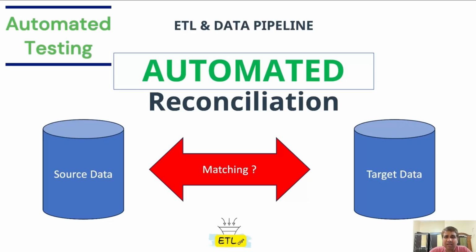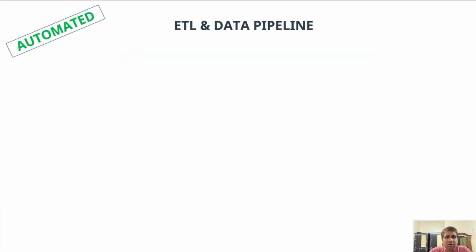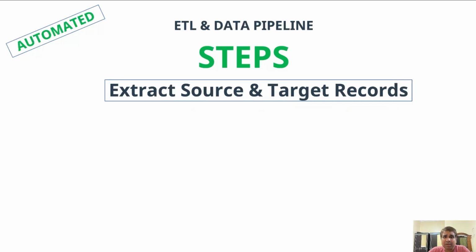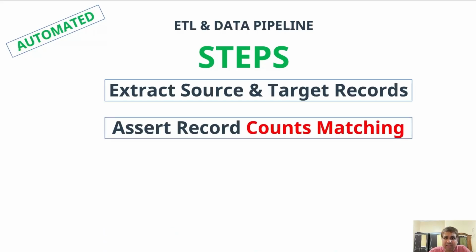To do that, you have to follow a certain strategy here. We call it automation steps. At a very high level, the steps are: extract source and target records. Then assert record counts are matching, which is your expected source count should match expected target count.